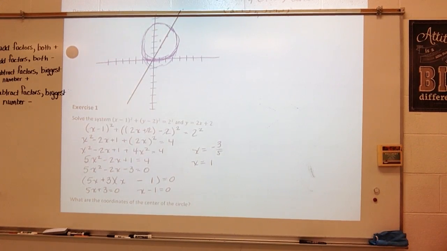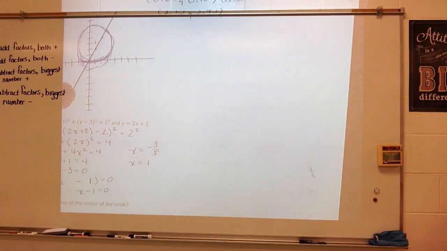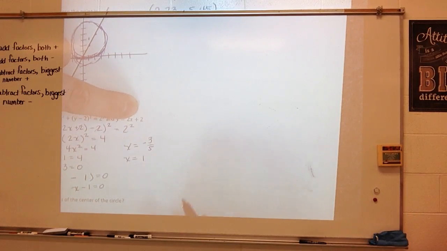So, when I figure that out, then I can figure out what my y is. Alright, so I would just go back in and substitute. You can substitute it into either equation, it doesn't matter really. I would suggest this one because it's the simplest.